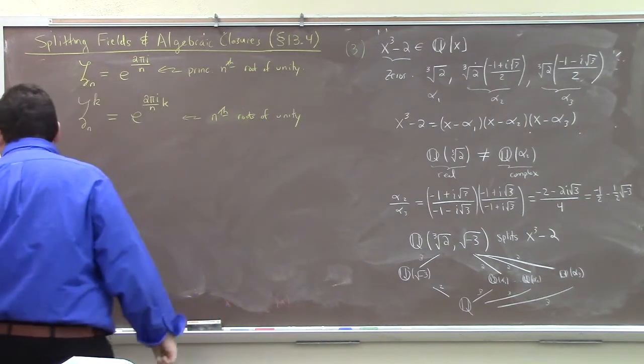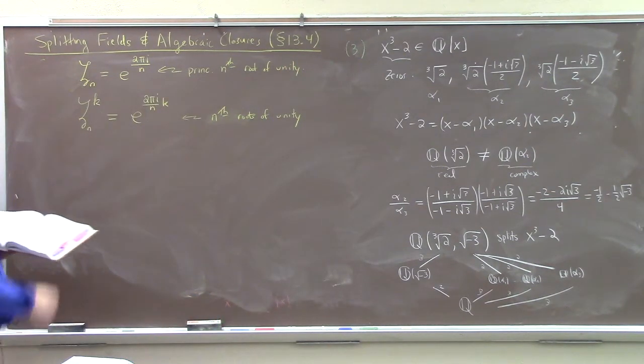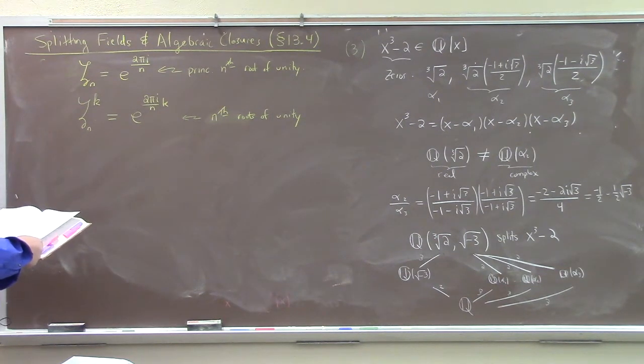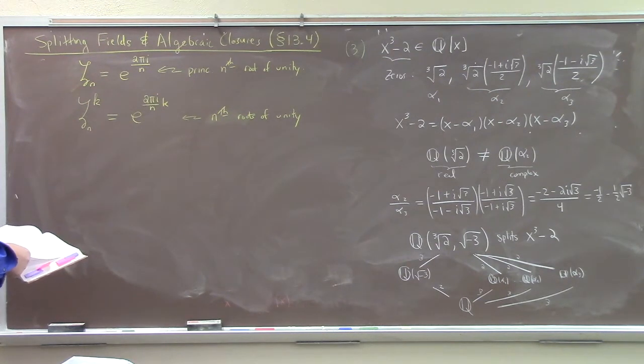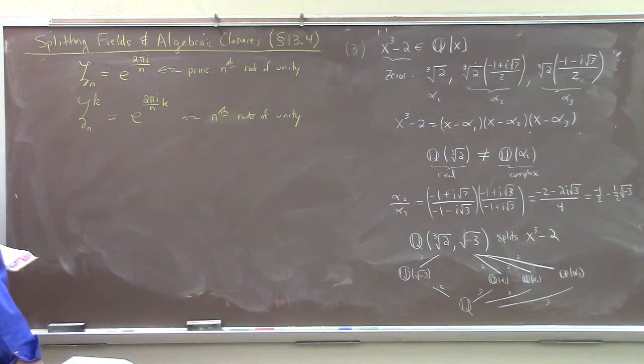He gives a more general definition of primitive nth root of unity, I believe, on the previous page, which basically says any generator of the cyclic group of all nth roots of unity is called a primitive nth root of unity. So basically, you can take any relatively prime power of zeta n, and it will also give you a primitive nth root of unity, in the sense that it'll generate all the others.